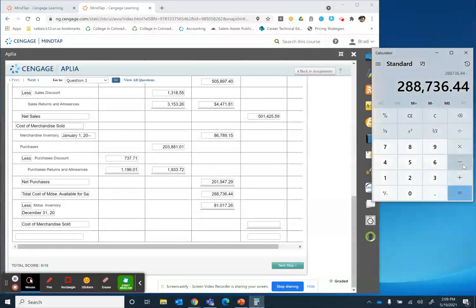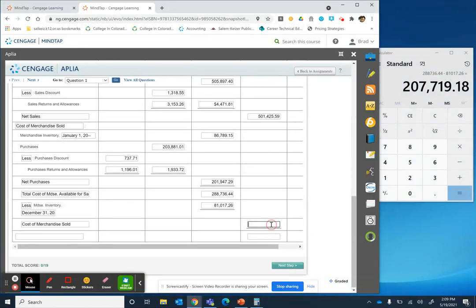So that's going to be minus $81,017.26. And that gives us $207,719.18.